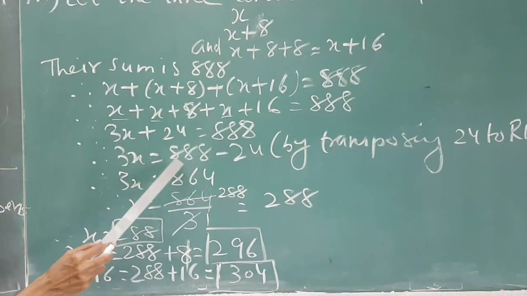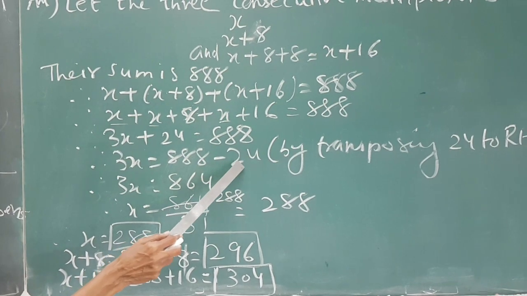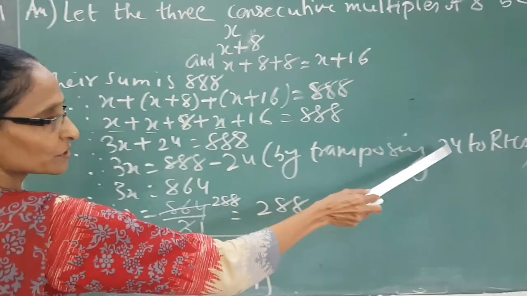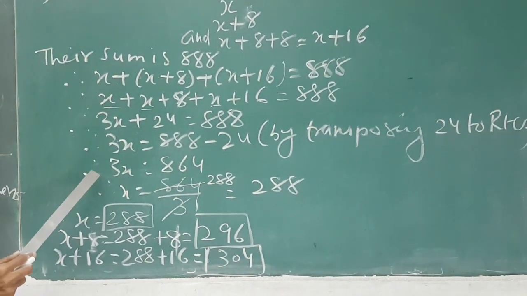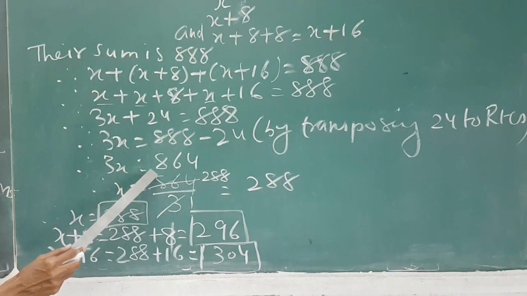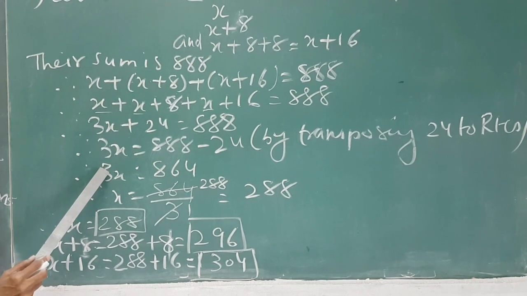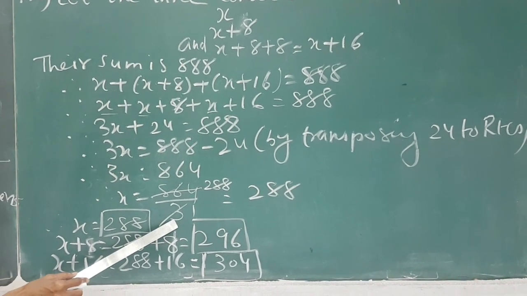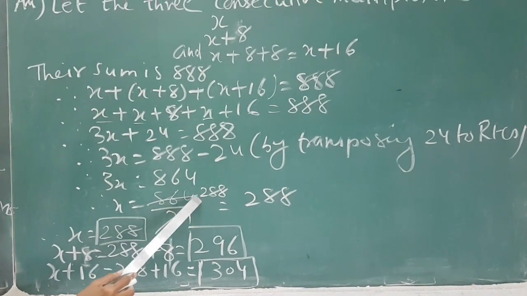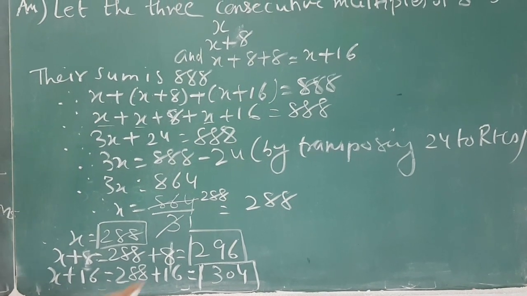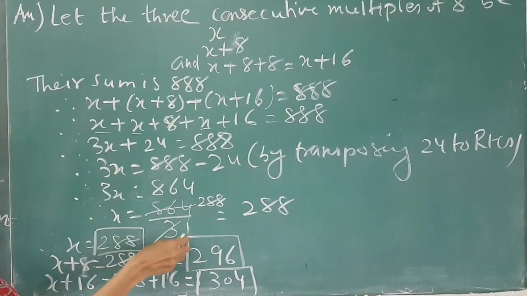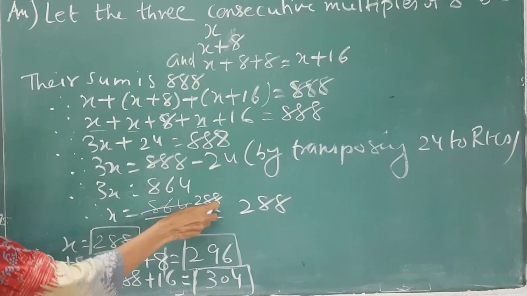Therefore 3x is equal to 888 minus 24 by transposing 24 to the RHS. Therefore 3x is equal to 864. Therefore x is equal to, now 3 comes down, 864 upon 3. So when you divide it, it is 288.